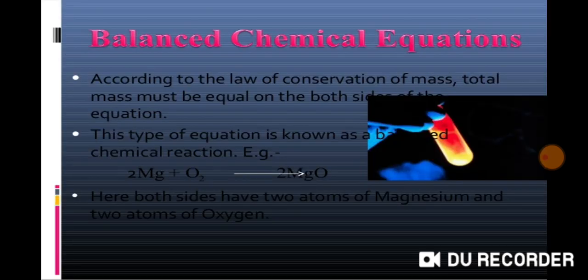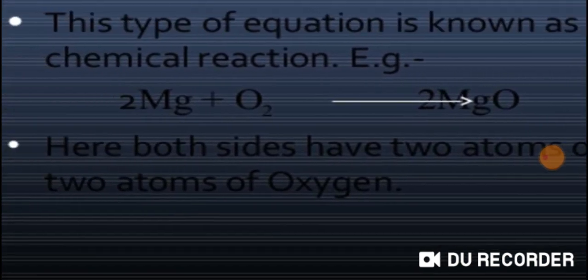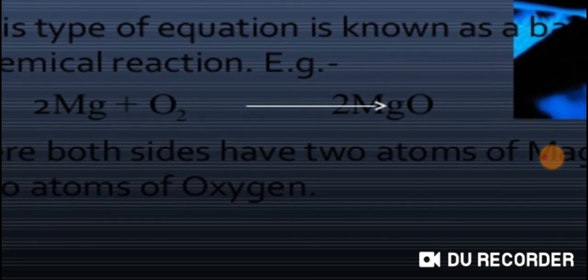Now, the law of conservation of mass involves that the total mass of the material or the chemical should be equal on both sides. For example, here you can see MgO, magnesium oxide, is formulated on the product side.